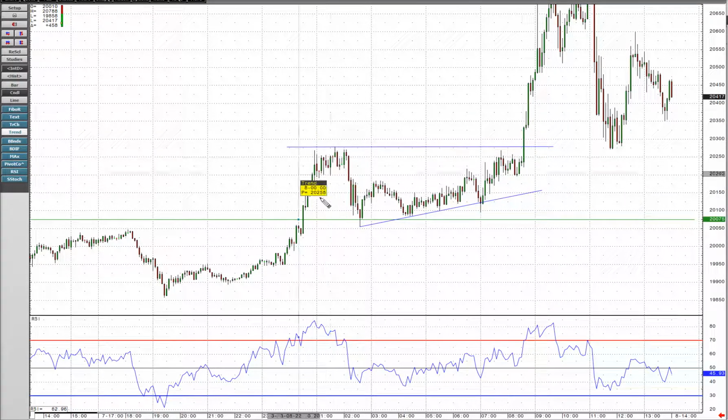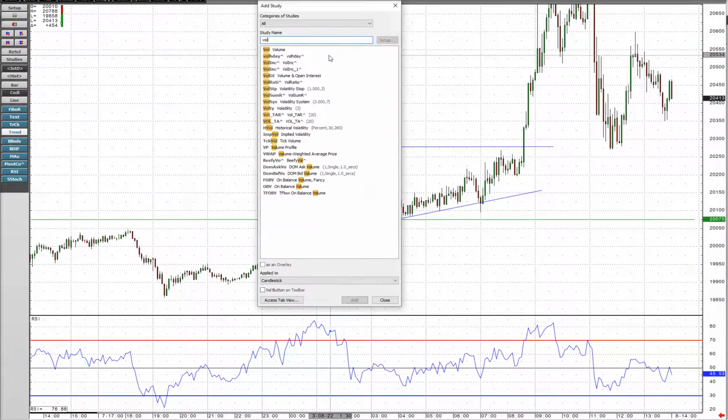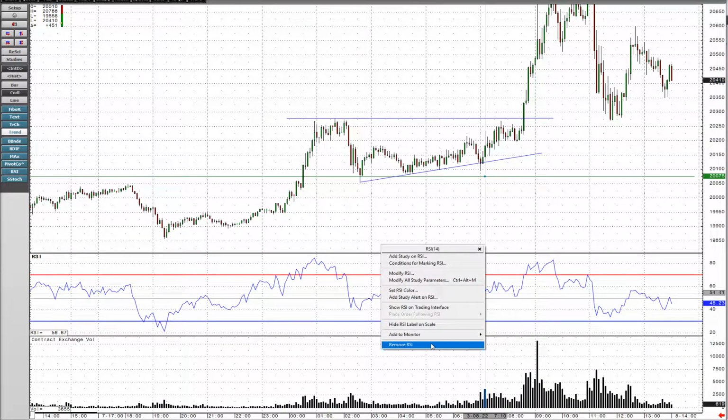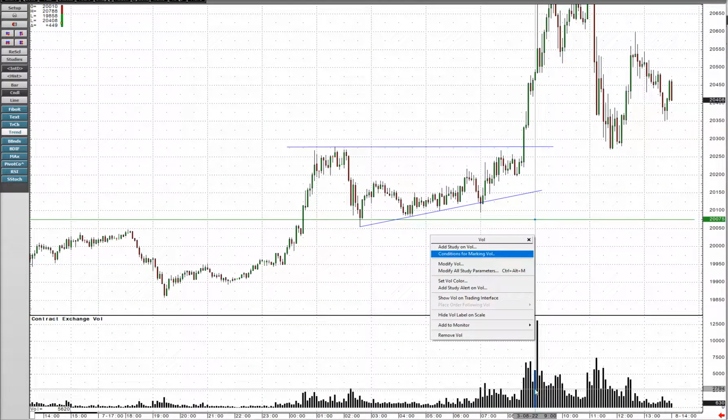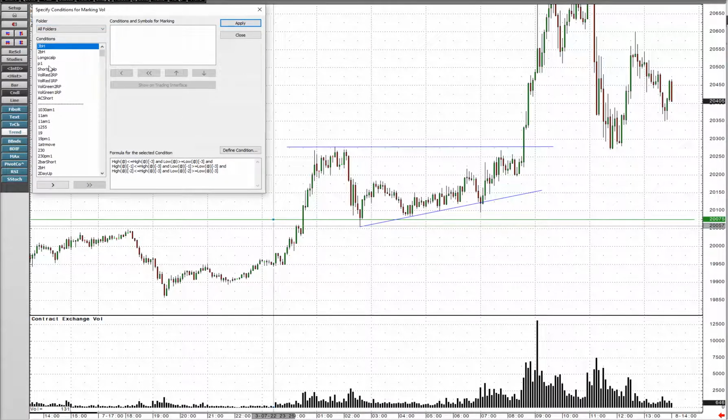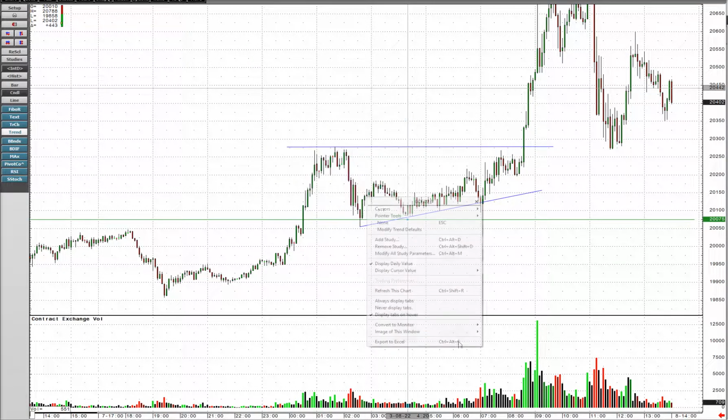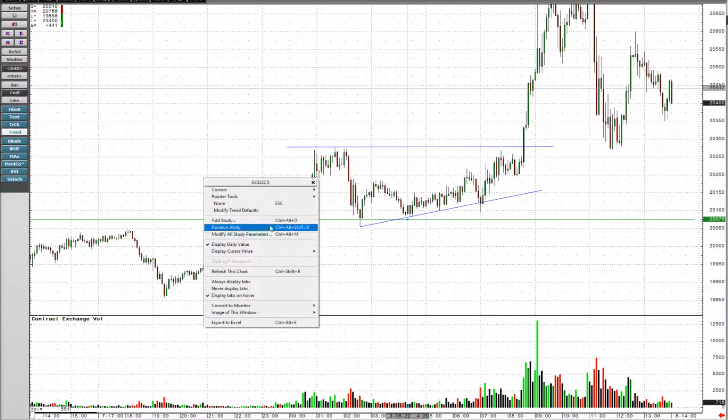And the key elements to this pattern, so here we have to start adding a few things because there are other parts to this pattern. Volume is one of the important things. You do want to see volume dry up a little bit in the handle.